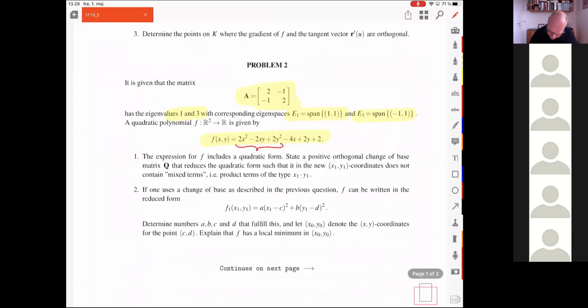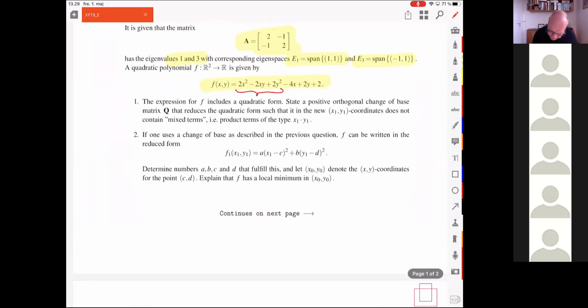Let's try to look at the next question here, because now we have solved question 1, and in question 2 we have to, in this new basis, write the quadratic polynomial in this form.